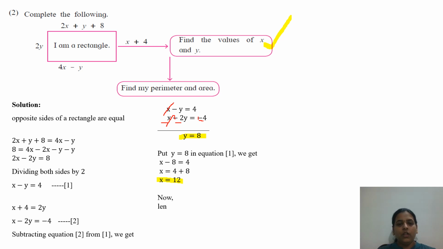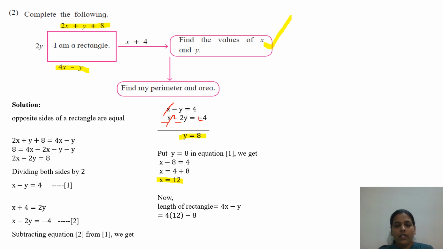So now length of rectangle is equal to what? 4x minus y. Okay, so consider this one, length of rectangle is equal to 4x minus y. Then you should also use this equation. We want to use here what? This equation, 4x minus y.